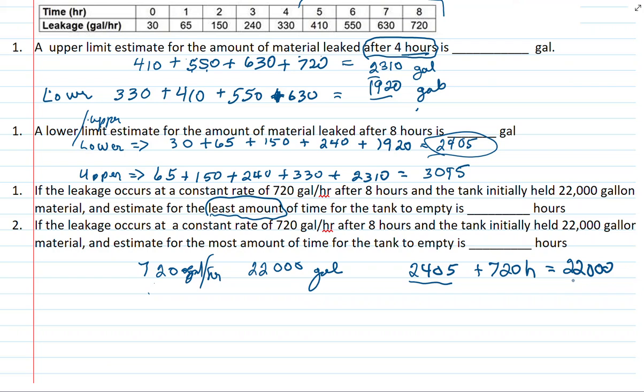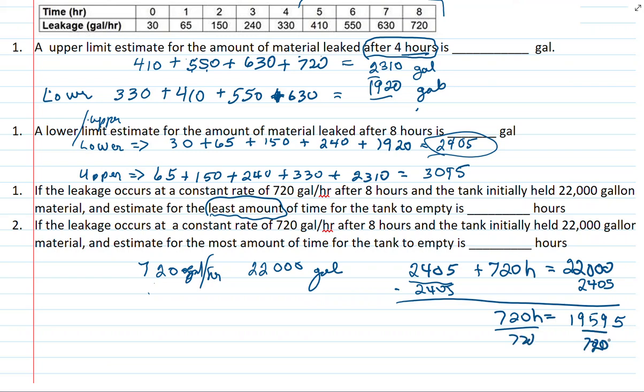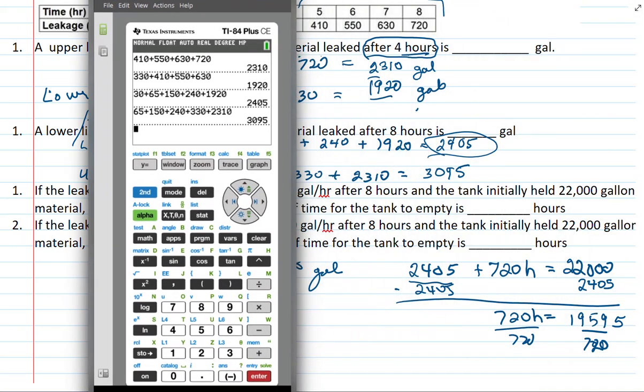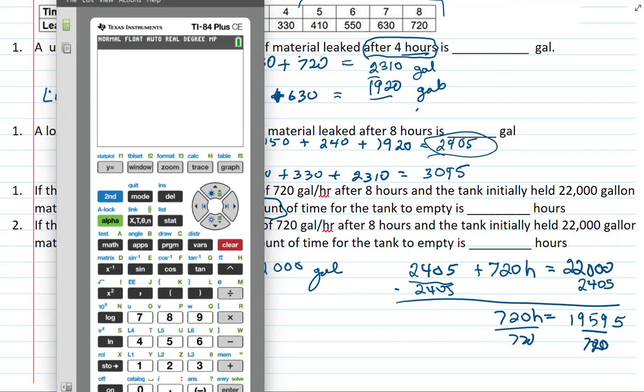And now you would do that solving for hours. So we'd subtract, and divide by 720, and then we'd get some kind of decimal value. So let's see if I did that right.